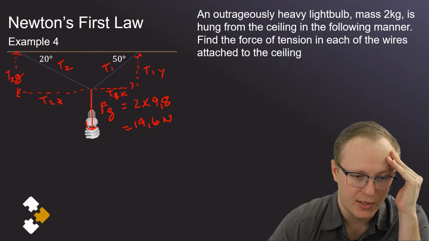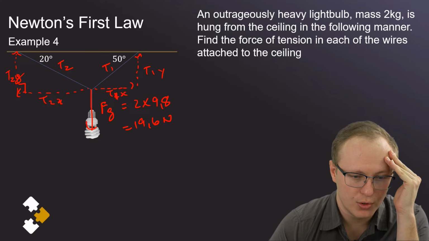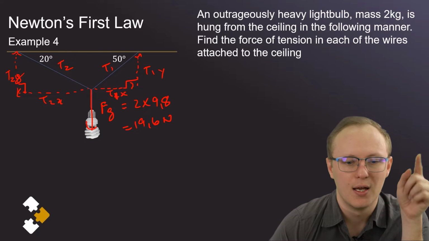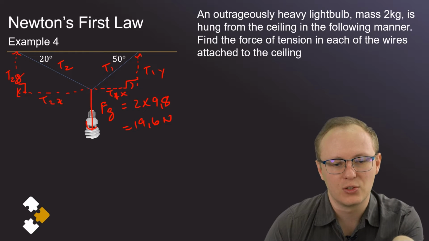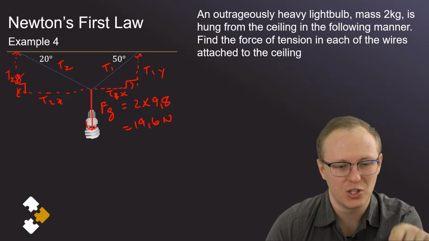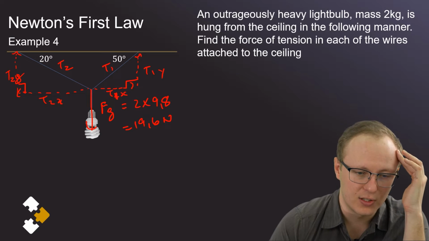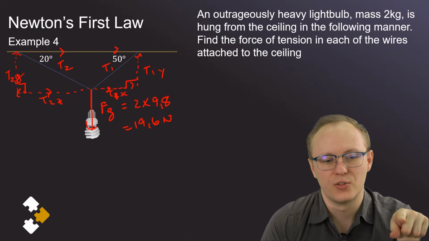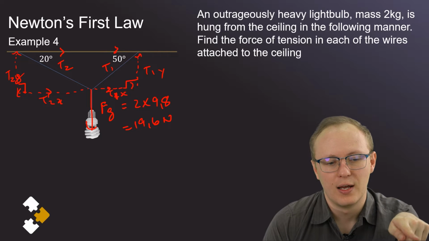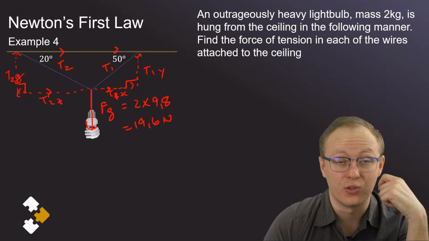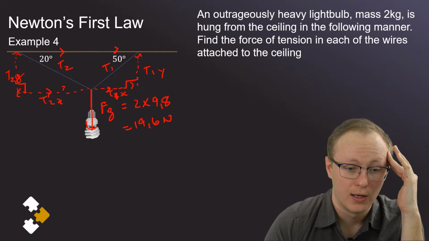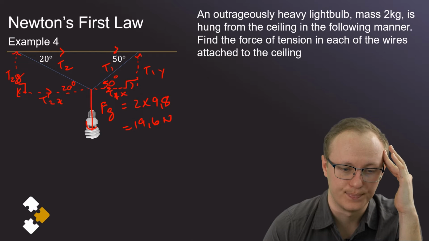Now I want to use what we've been using, but notice that the 50 degree and 20 degree angles are not actually in the triangles that I drew. An easy solution is to note that this surface and this surface, or these components, are all parallel to each other. So that 20 degrees and that 50 degrees are actually going to form alternate angles, which are equal due to the parallel surfaces. So that's going to be 20 degrees and this is going to be 50 degrees.